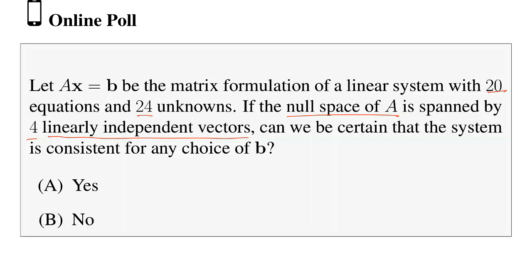That's the question. Given this information, how many equations you have, how many variables you have, and what the size of the null space is, do you know whether or not that system is always consistent? Is it guaranteed that the system has to be consistent for any B? Is this enough data to work that out?